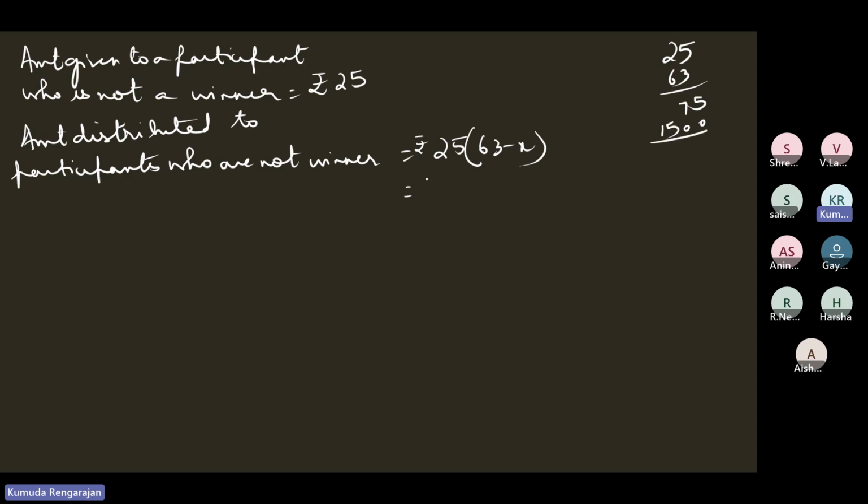Please check that. Minus 25X. Is this understood? Amount distributed to participants who are not winners is equal to 25 into 63 minus X. So 25 into 63 is 1575, minus 25 into X is 25X.